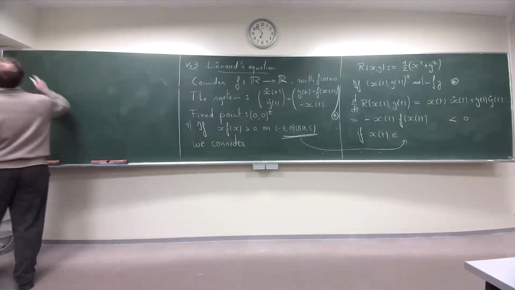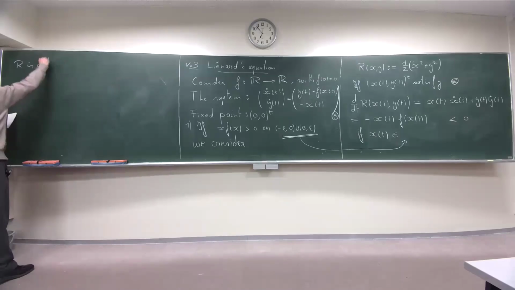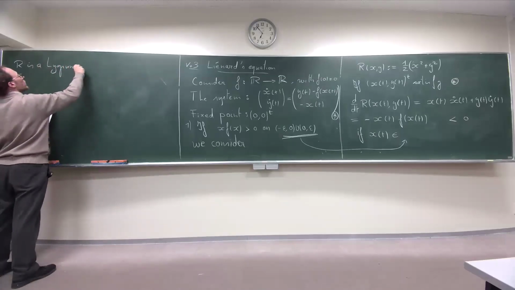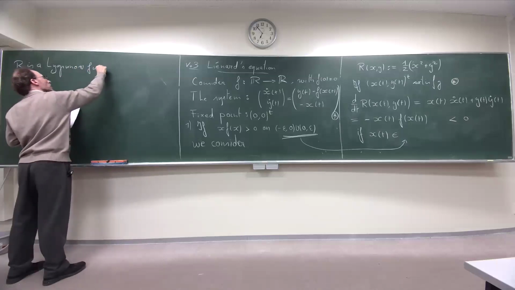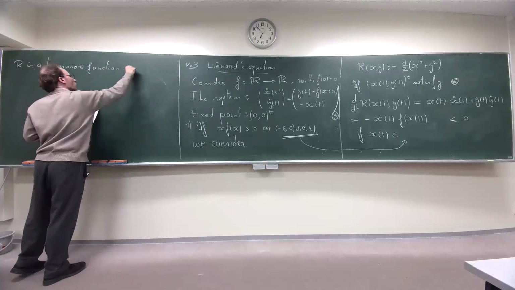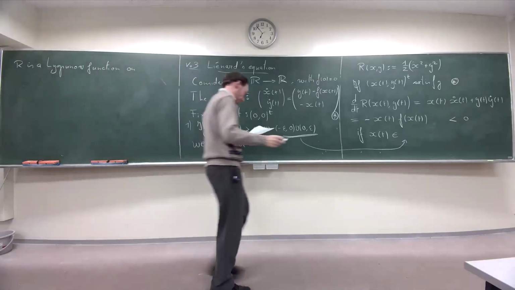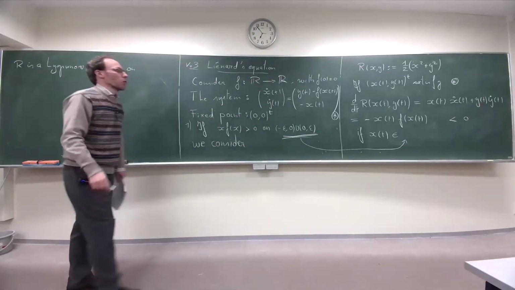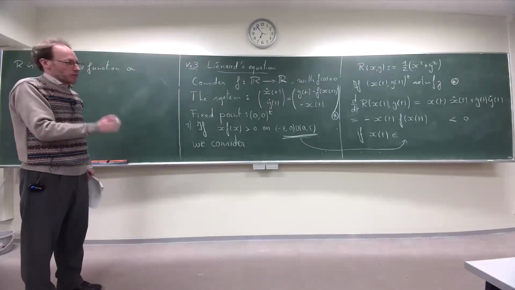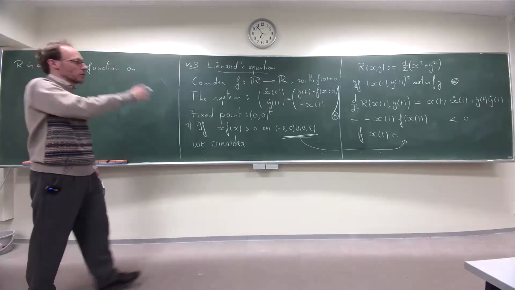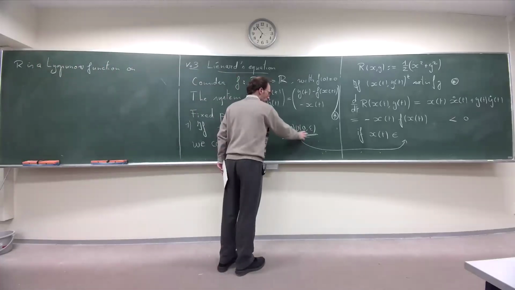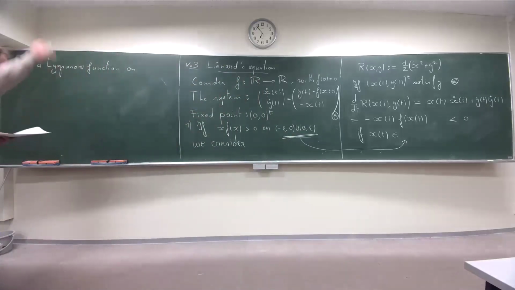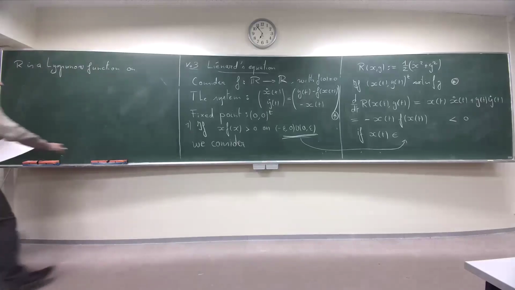So it means R is a Lyapunov function. And you observe that there is no condition on y. So in fact, it's a Lyapunov function on a kind of tube or two rectangles, because you have this and no constraint on y. So it's a Lyapunov function.